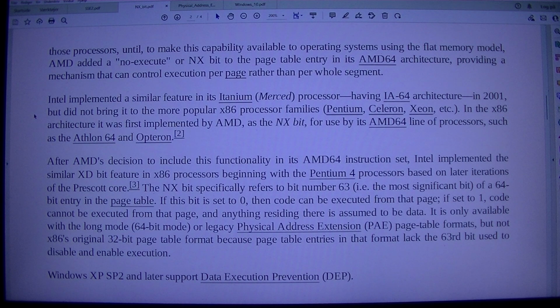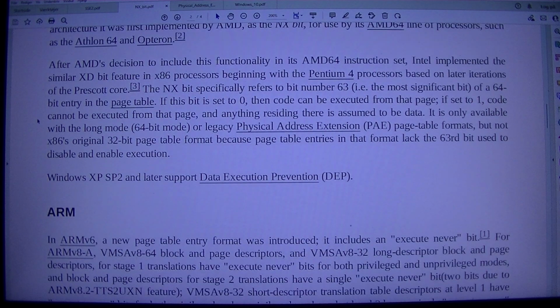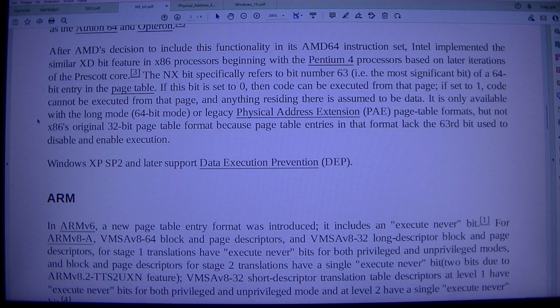After AMD's decision to include this functionality in its AMD64 instruction set, Intel implemented the similar XD bit feature in x86 processors, beginning with the Pentium 4 processors based on later iterations of the Prescott core.